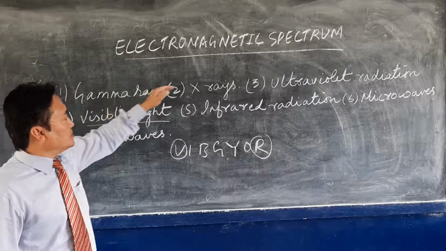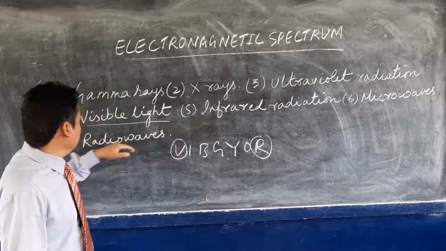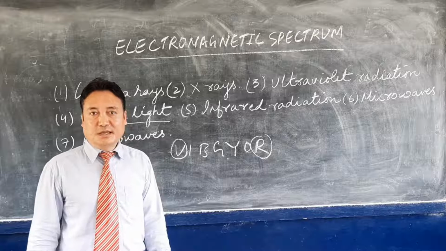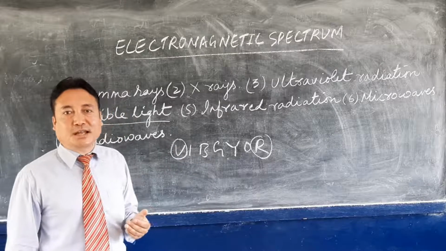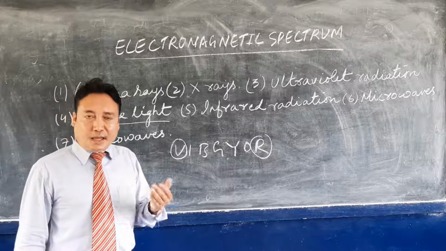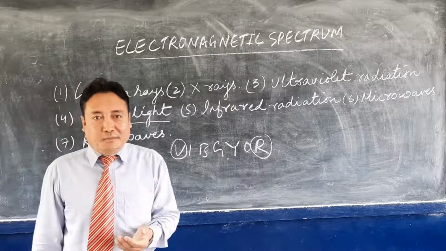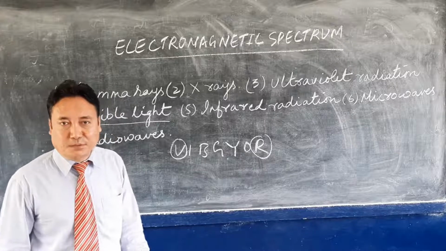They are gamma rays, X-rays, ultraviolet radiation, infrared radiation, microwaves and radio waves. All these are electromagnetic waves. We call them waves because experimentally it was found that when they bend, they behave as a wave.